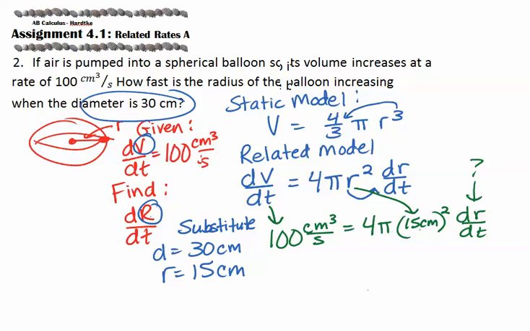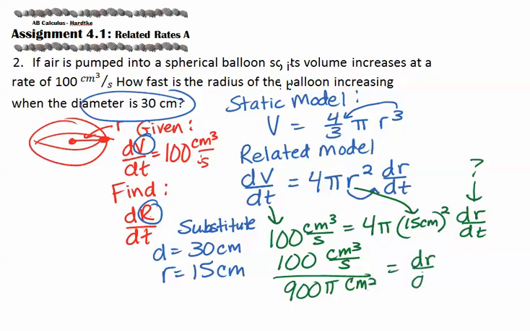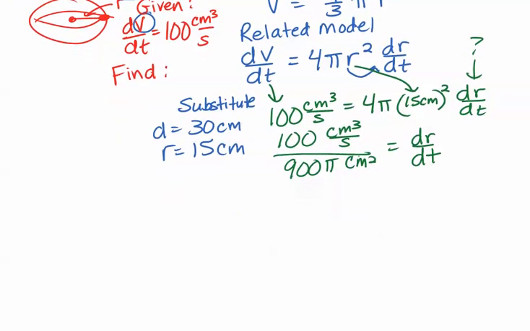So on the right-hand side, 15 squared is 225 square centimeters. 4 times 225 is 900. So think what's going to happen here: 100 cubic centimeters per second divided by 900 pi square centimeters. And again, you're not going to show these units each time, but to make it very clear, the square centimeters cancel into the cubic centimeters.